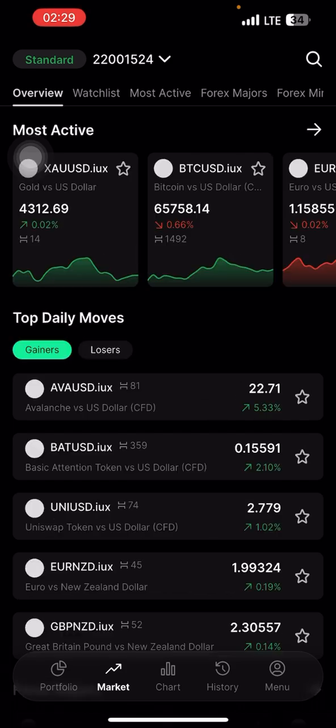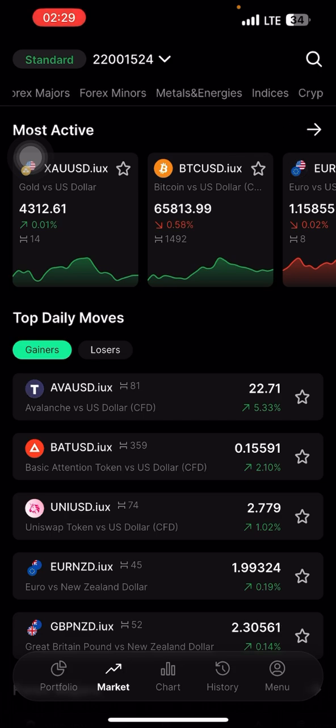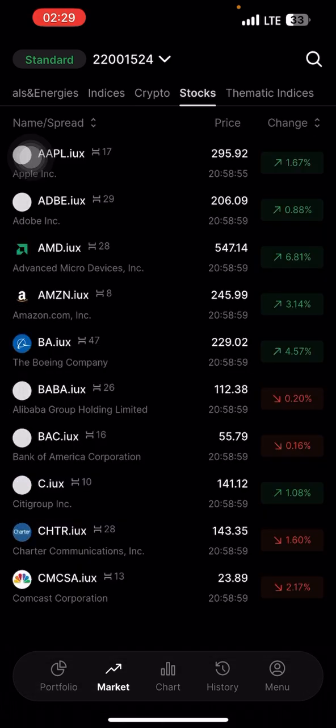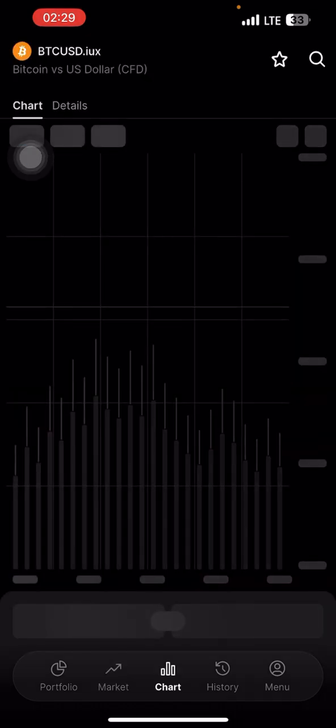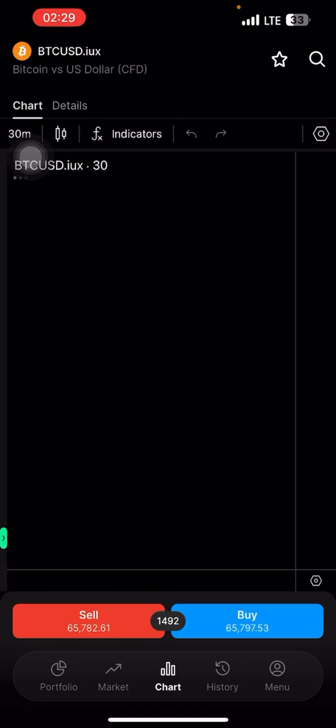Over here, you can trade Forex, crypto, metals, indices, and you can also trade stocks. They are all in. So if I want to trade BTC USD, I click on BTC USD like this, and the charts will open for me.